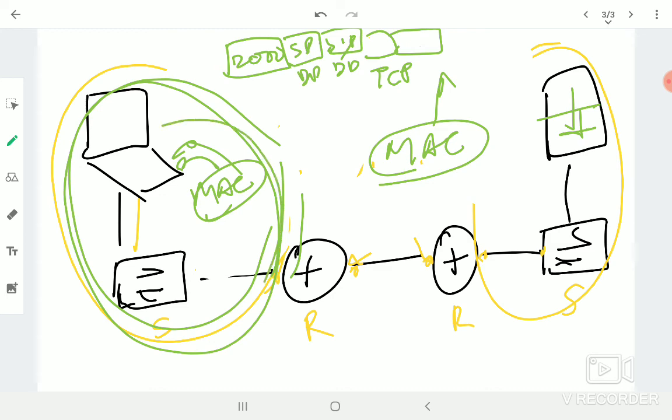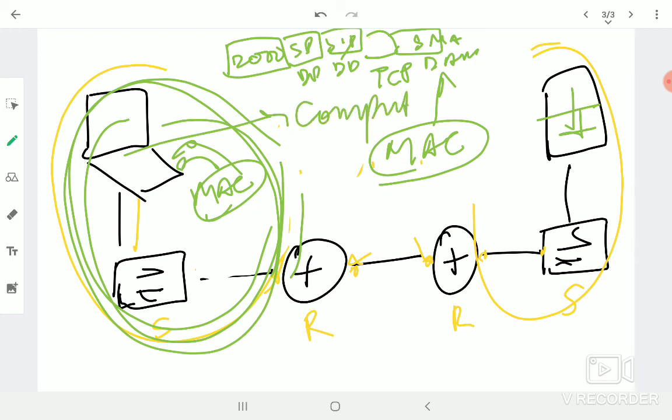Now, within the local network, a source MAC and the destination MAC will be attached to the packet or inside the header itself. So over here, the source MAC will be of this computer, and the destination will be of this. As I said, the MAC addresses help you to communicate within the network, not outside the given network.